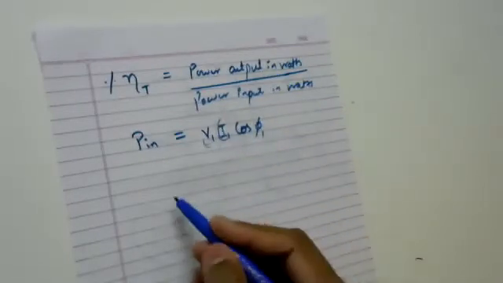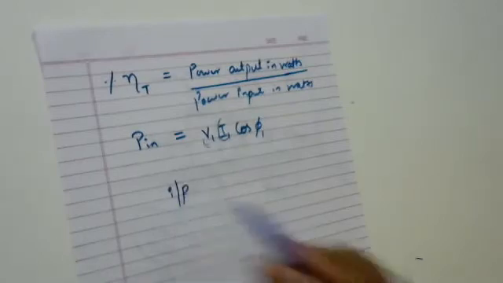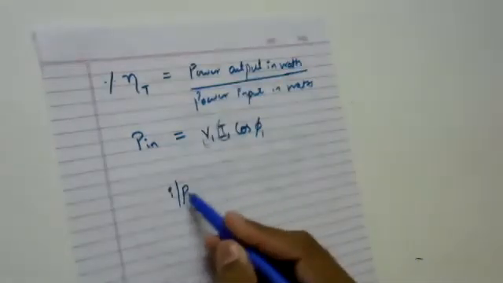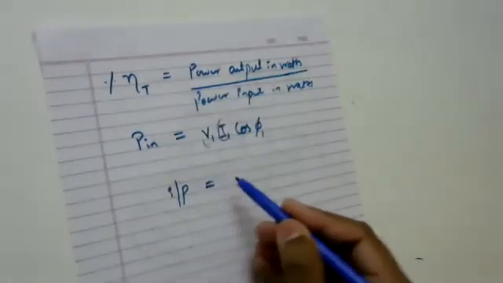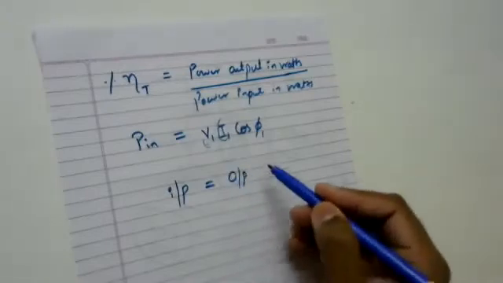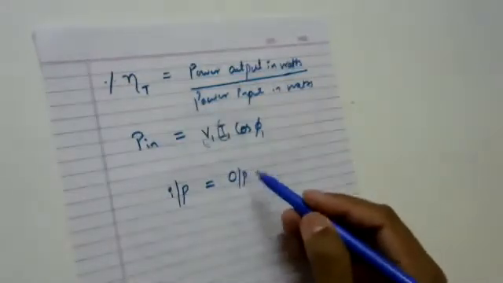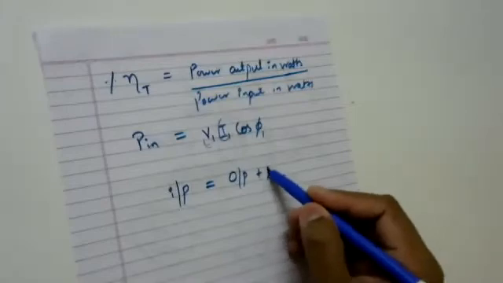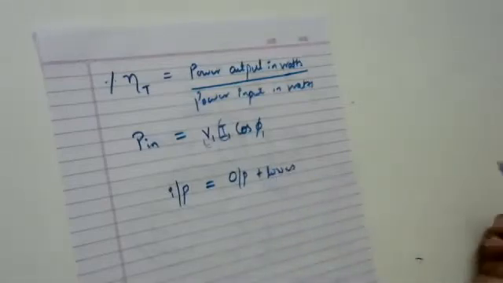Now how much input am I providing? I am providing the input such that I am able to get my output and also some amount of losses.